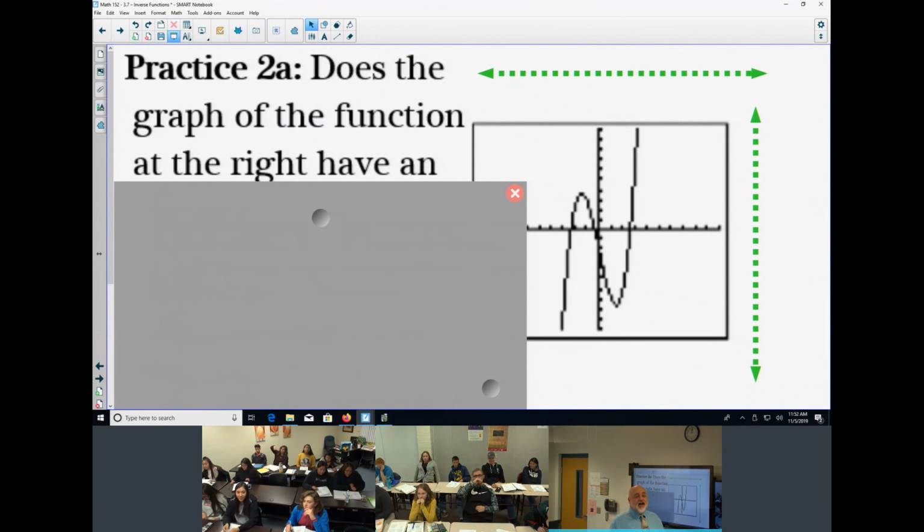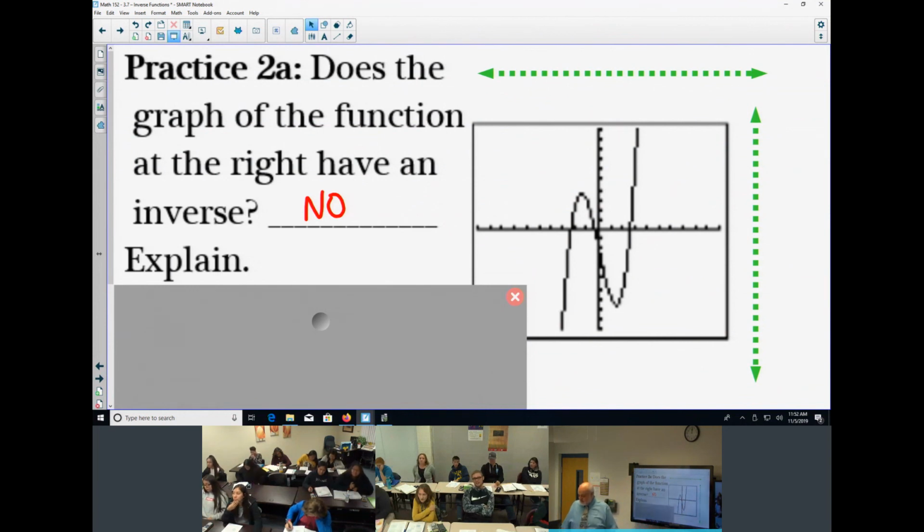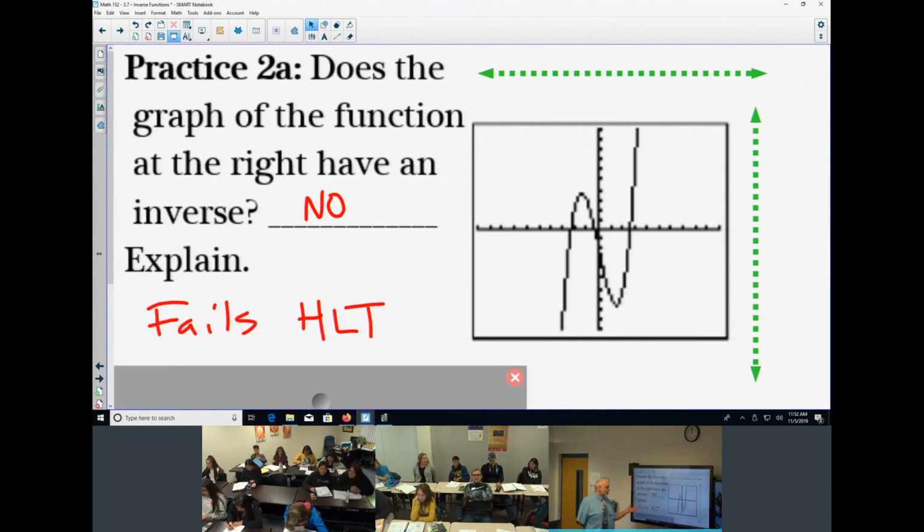Would a horizontal line hit that graph more than once? Yes, it would hit it more than once. So that means the answer is no, it does not have an inverse. Well, its inverse is not a function. It does not have an inverse function. For the explanation, you could just say fails HLT, fails the horizontal line test.